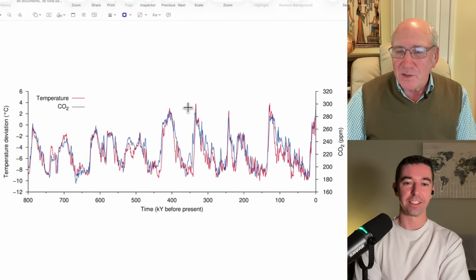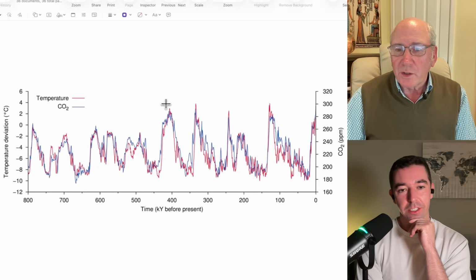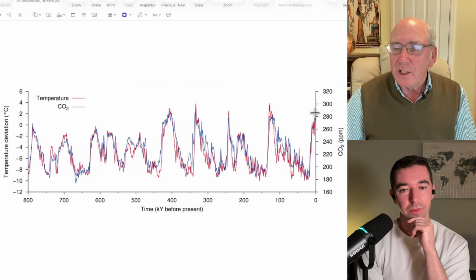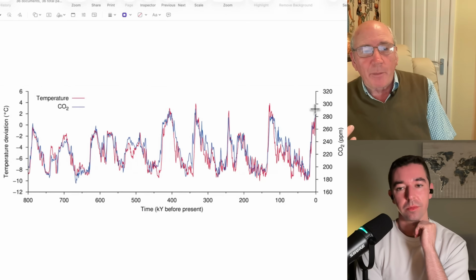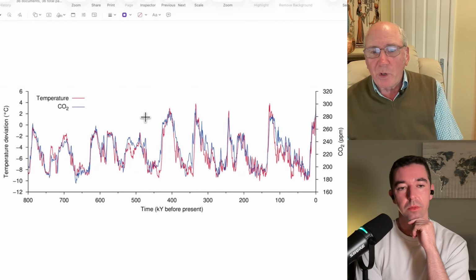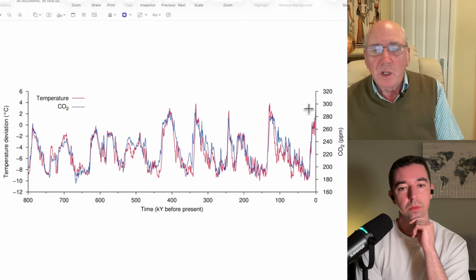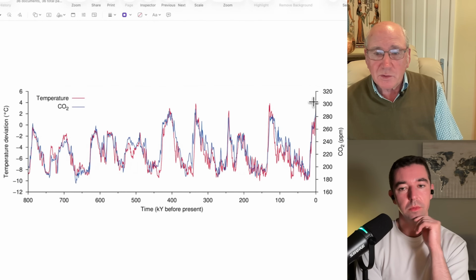But of course, it doesn't run away. What we get is they all end at the same temperature. 1, 2, 3, 4, 5 interglacials here, all ending on about the same temperature. So why do they end at this point? Well, if we throw CO2 out of this picture and replace it by ice sheet albedo, at this point we run out of ice.